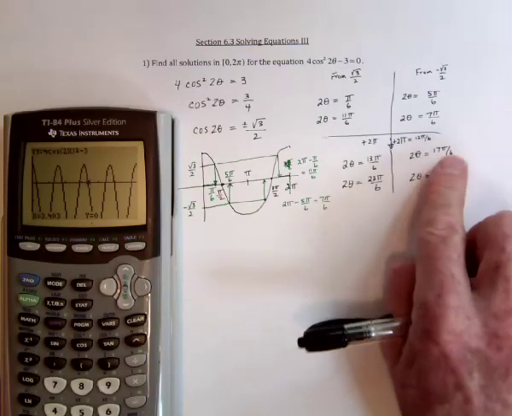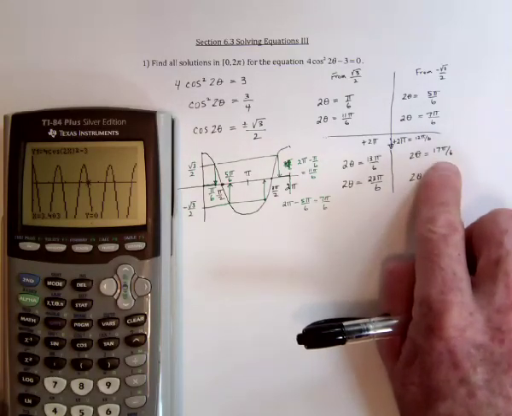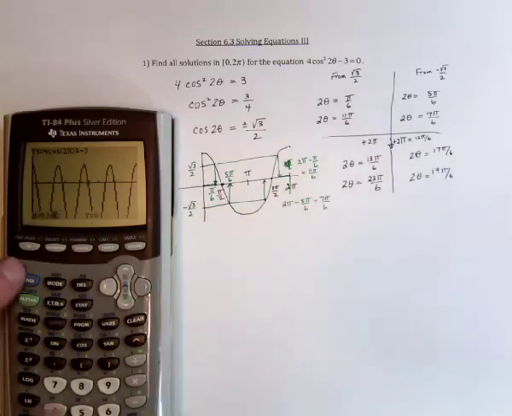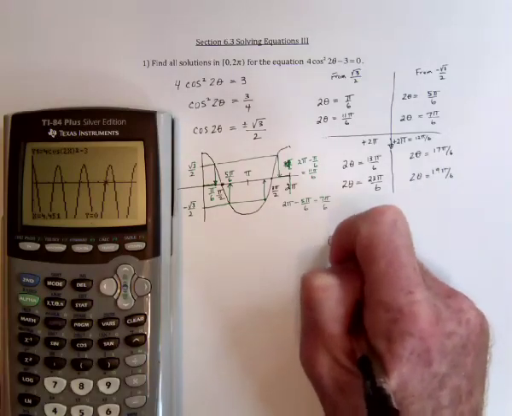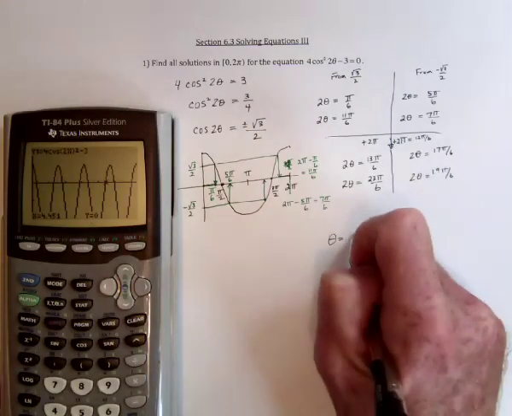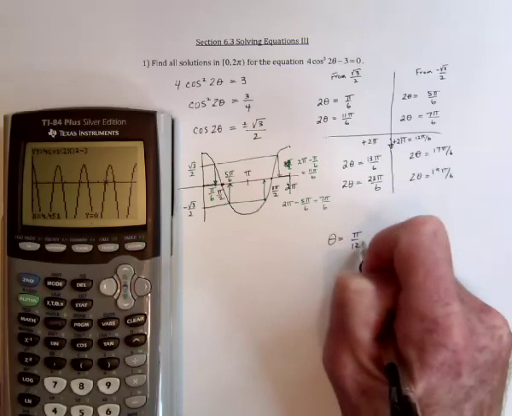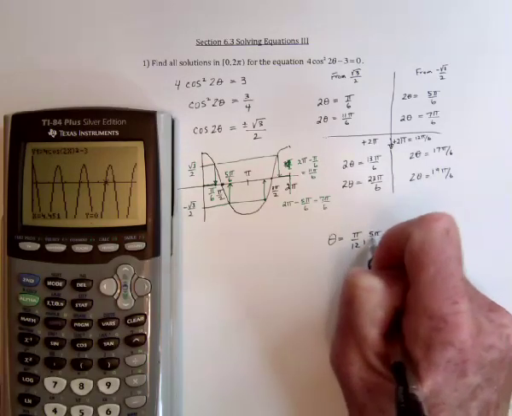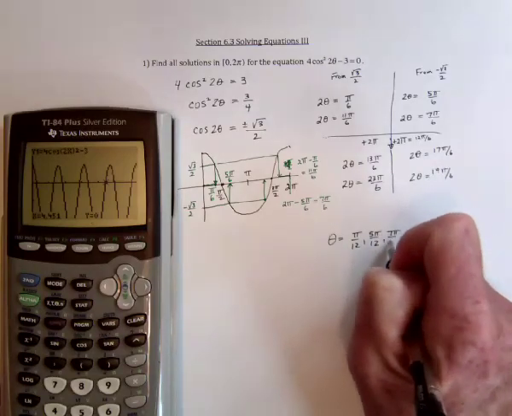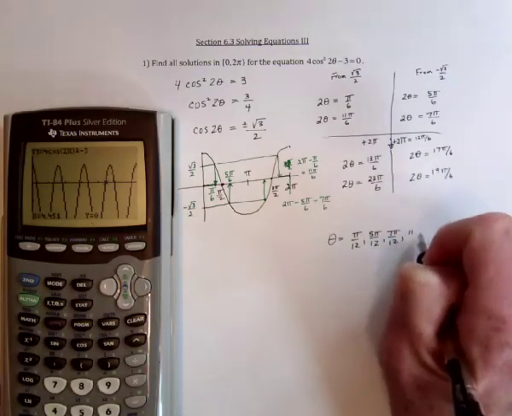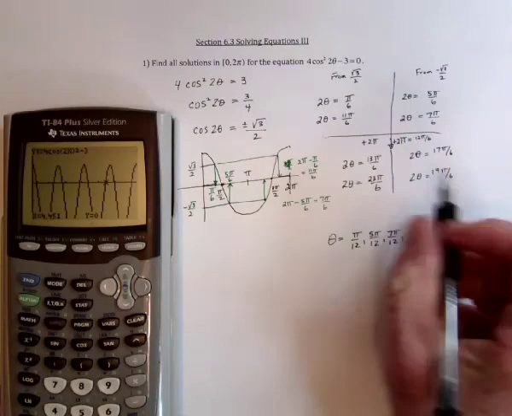Let me just check that one real quick. If I divide by 2, it's going to be 17 pi over 12. 17 pi over 12 is correct. Okay, so here's all 8 of them. Pi divided by 12. Next would be 5 pi divided by 12, and 7 pi divided by 12, and 11 pi divided by 12.